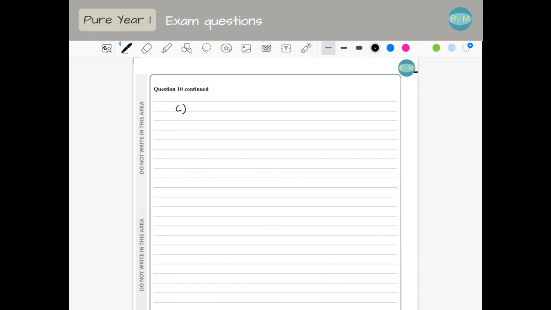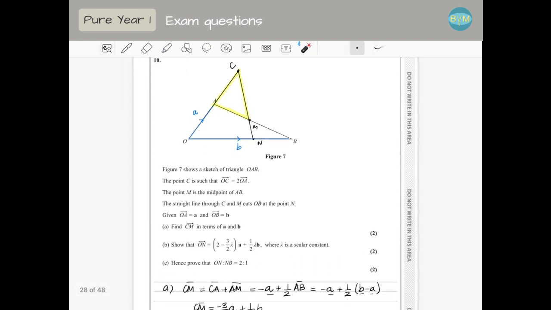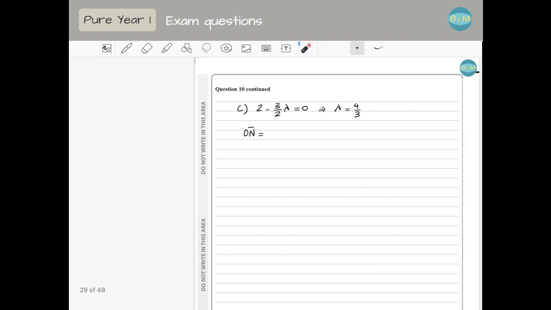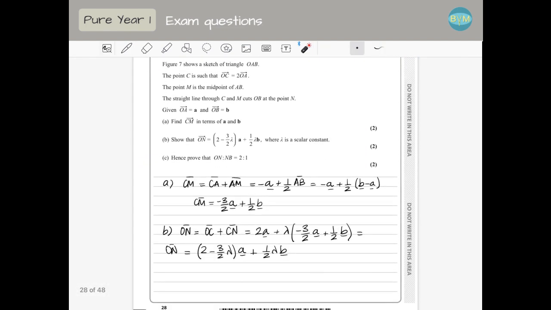As ON has no a component, 2 minus 3 halves lambda must be 0. So 2 minus 3 halves lambda equals 0, which means lambda is 4/3.